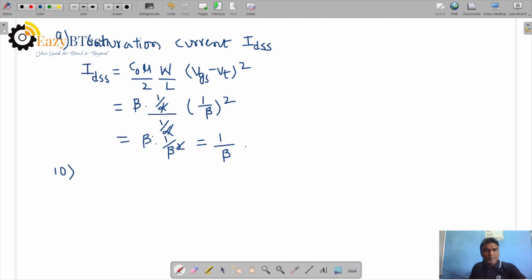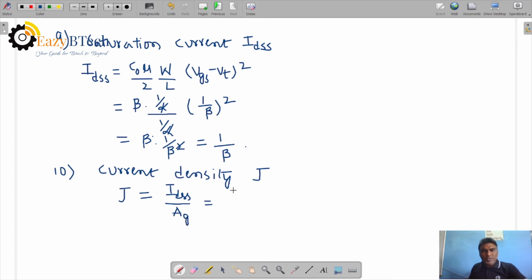Now the next one, current density. Current density is defined as J. Now current density J is equal to current per unit area, so IDSS by gate area AG, right?